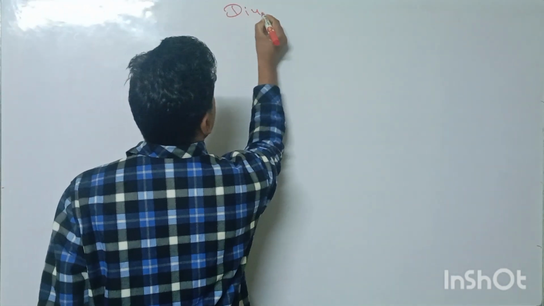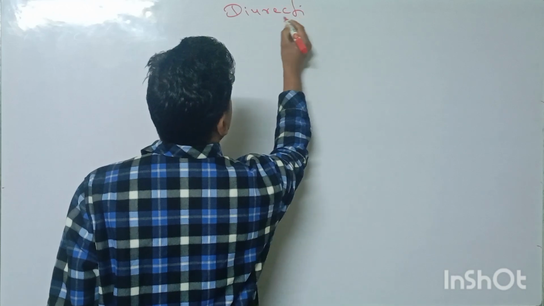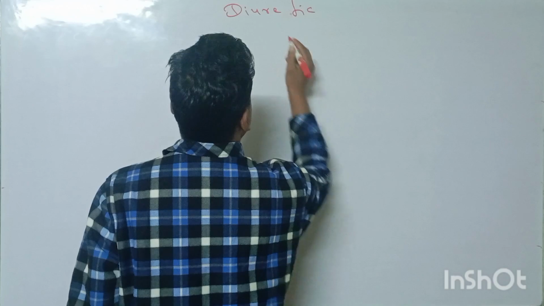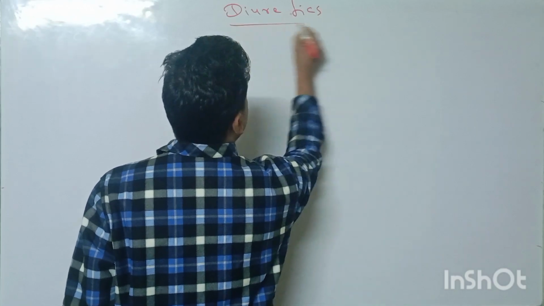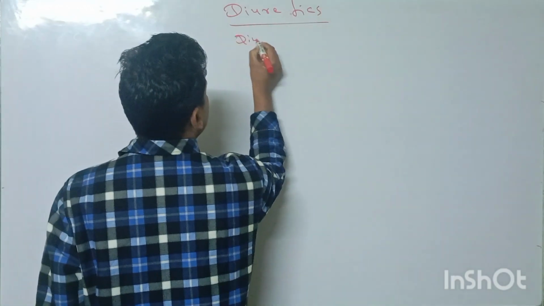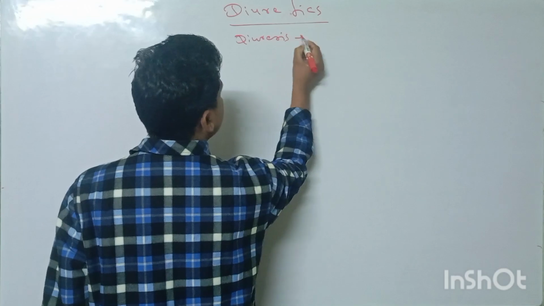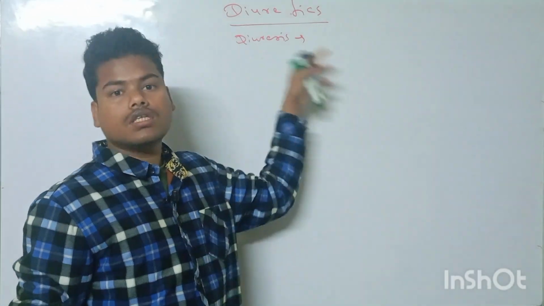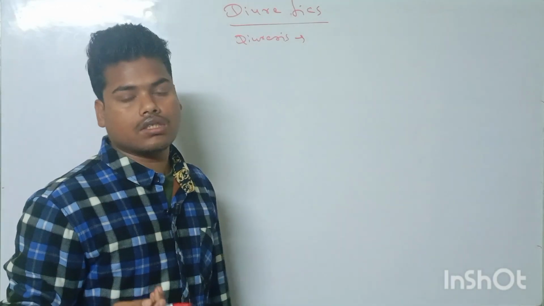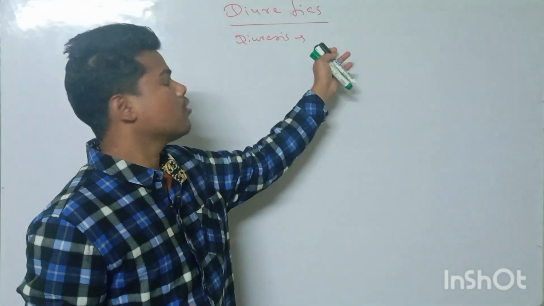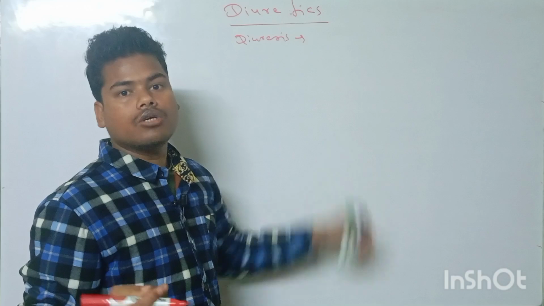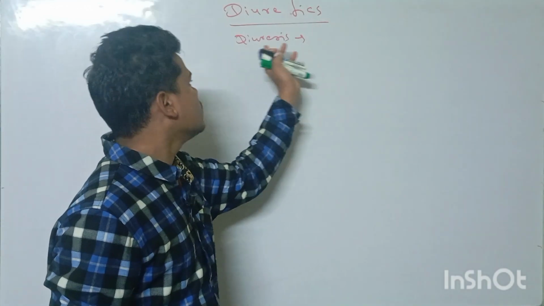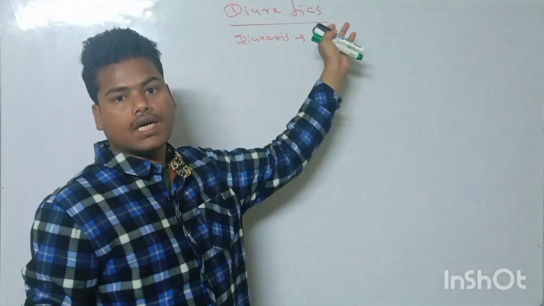Diuretics. Here, as the name suggests, diuresis. Diuresis means increased amount of urinary volume or urinary excretion, and those drugs that cause this diuresis are called diuretics.